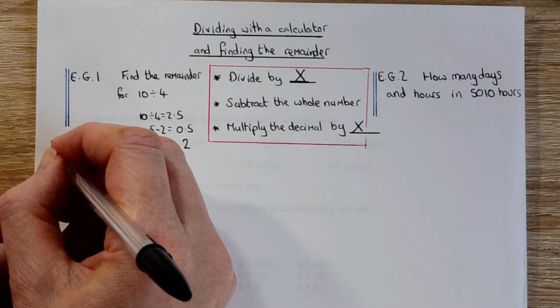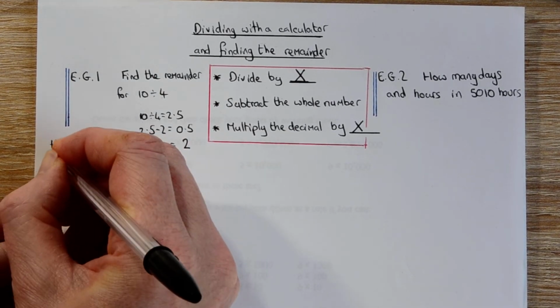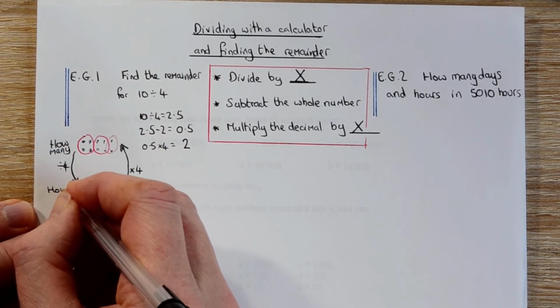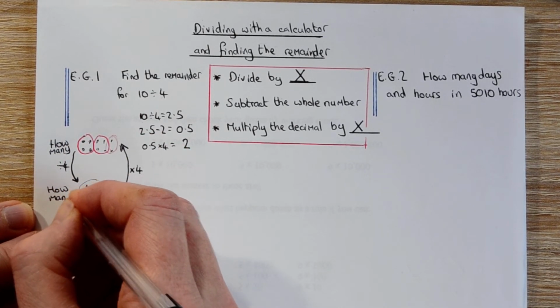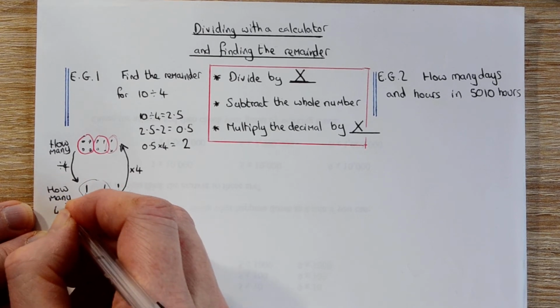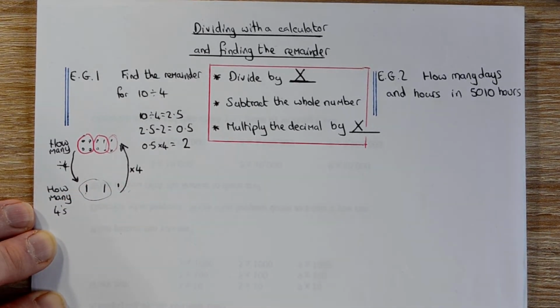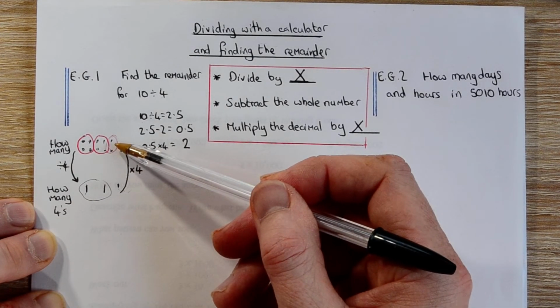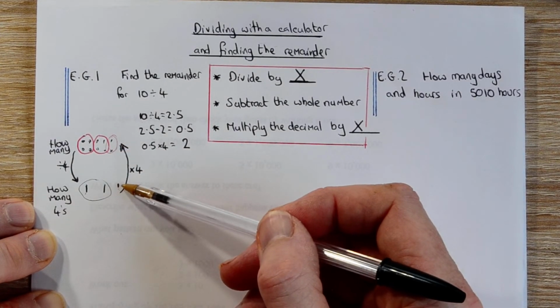So this is how many. We started with 10. If we divide it by 4, it tells us how many 4s we've got. We want our remainder as how many, not as how many 4s.